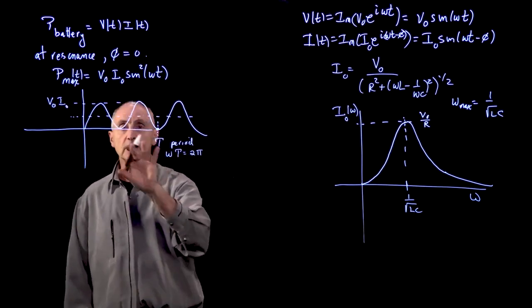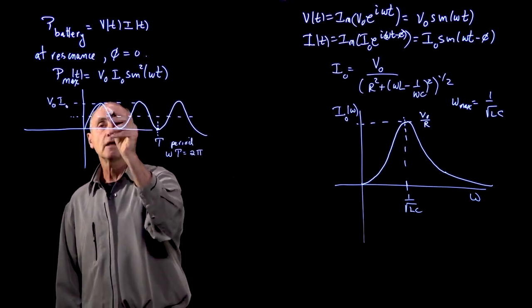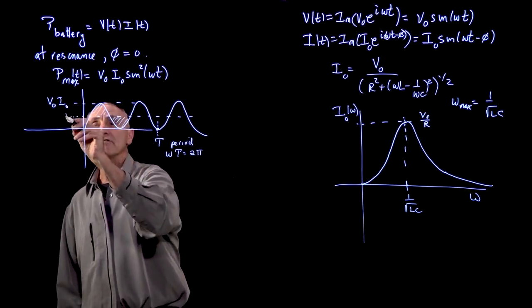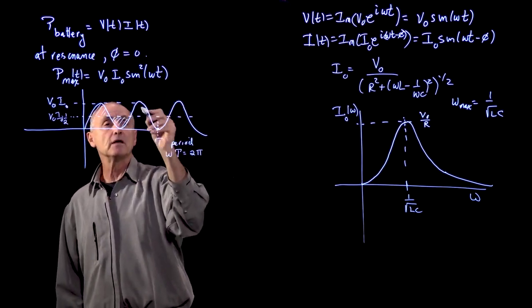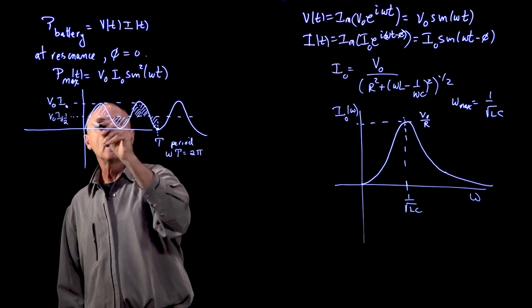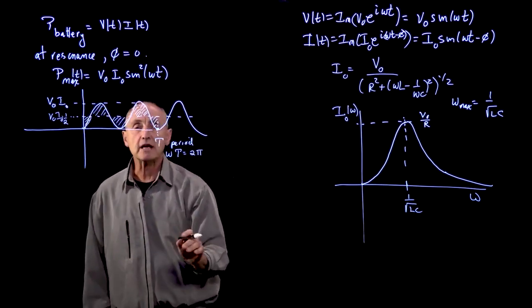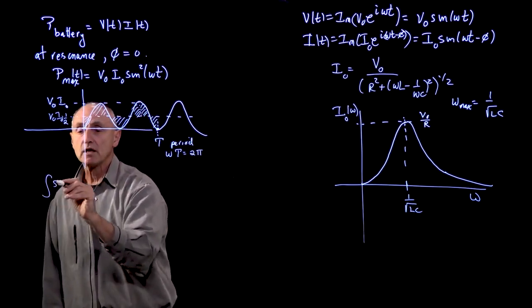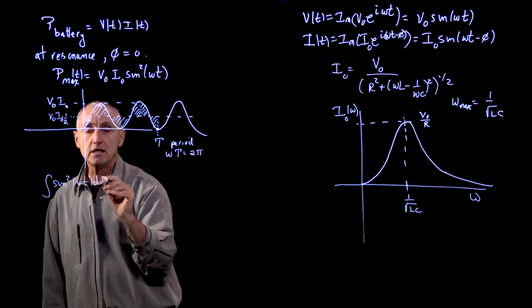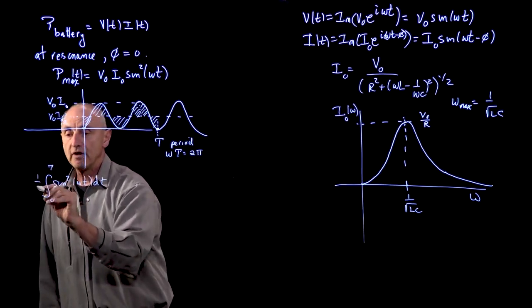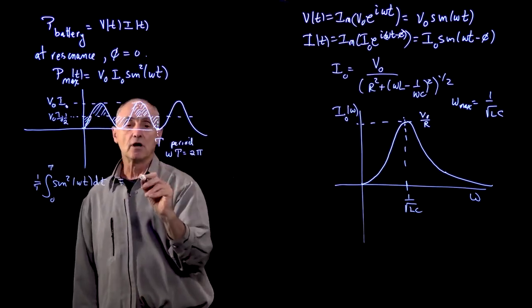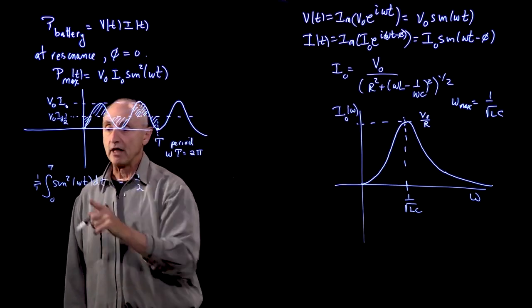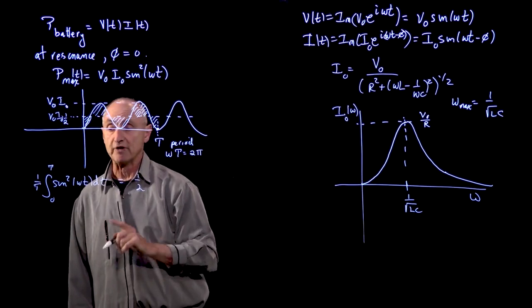If we just look at this heuristically, and I didn't draw this in a spectacular way, we can divide this up and see that if we integrated sine squared of omega t dt over one period and divided by the period, we expect from just looking at this diagram that it will be half the value that sine squared can take as its maximum value, 1.